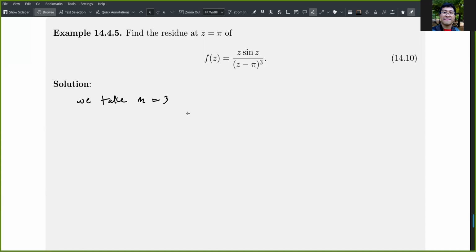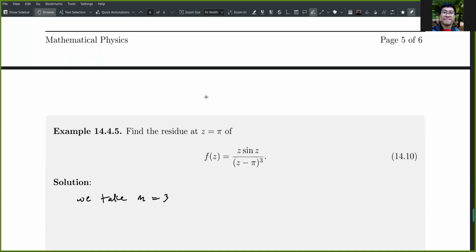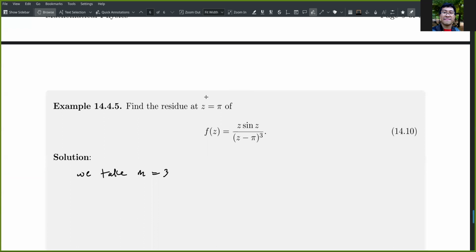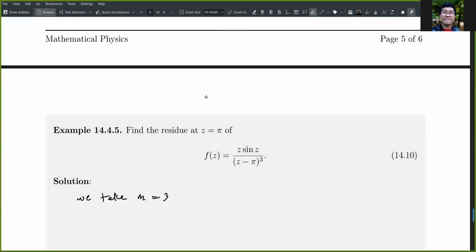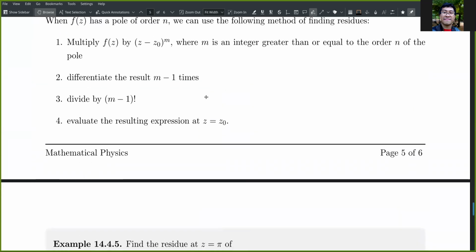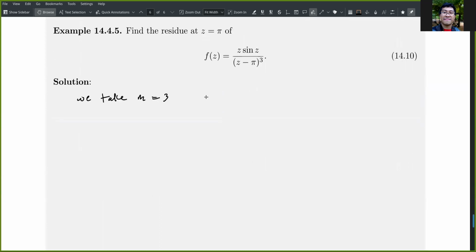First is to multiply both sides by (z minus pi) cubed, and then differentiate the result m minus 1 times. So m minus 1 is 2 times.